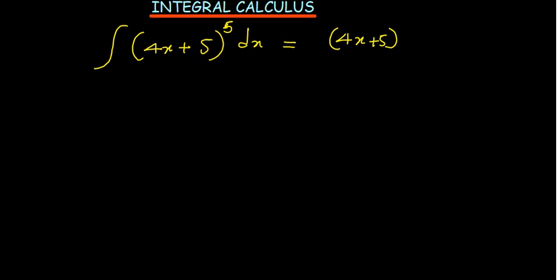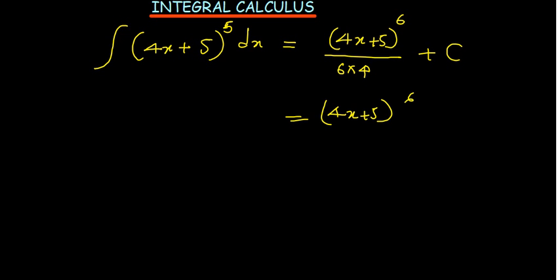The power, I'm going to add the 1, becomes power 6. And then divide by that same 6, multiplied by the number in front of x here, that is a 4, and then just add the constant of integration. And so this is going to be 4x plus 5 to the power 6 divided by 6 times 4, that is 24, and then plus c. So that is going to be the integral for that one.